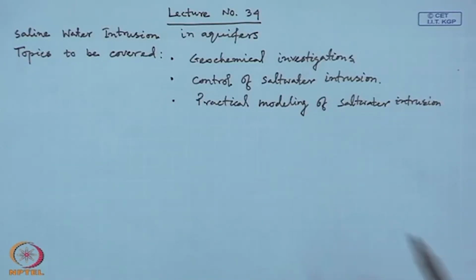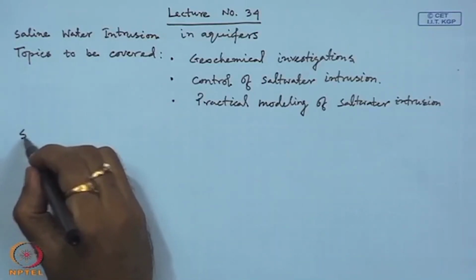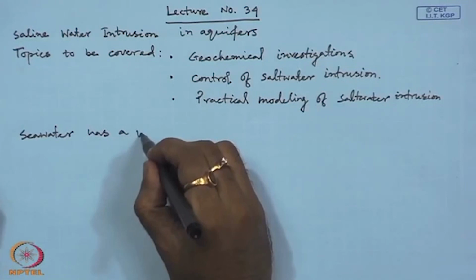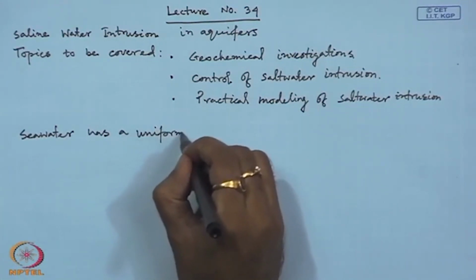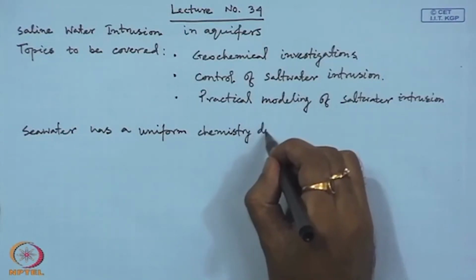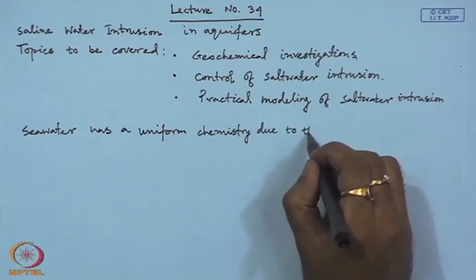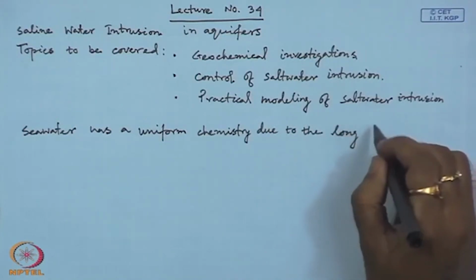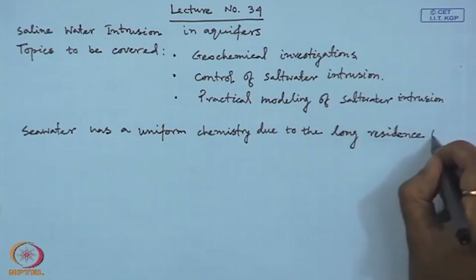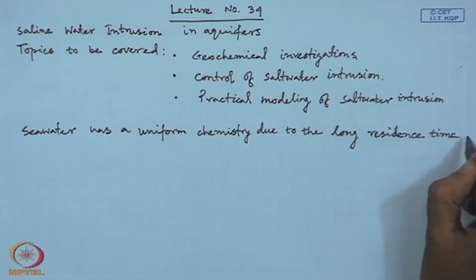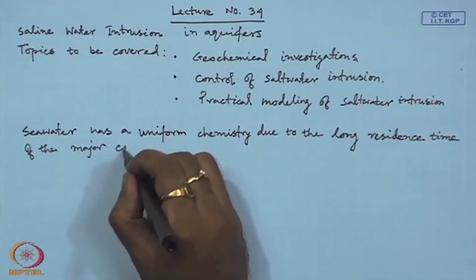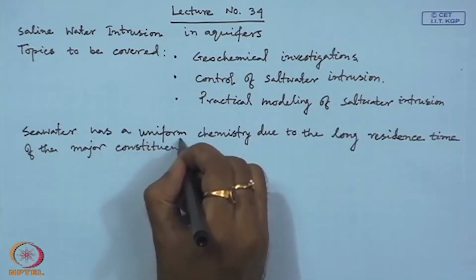So, seawater has a uniform chemistry due to the long residence time of the major constituents.